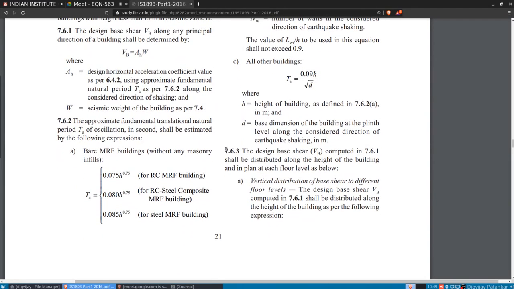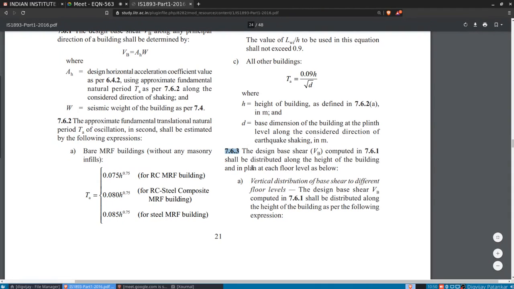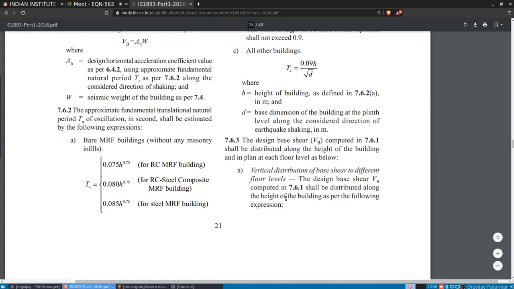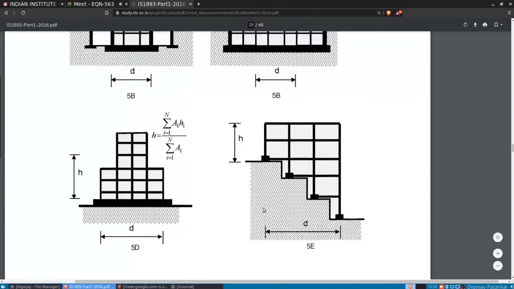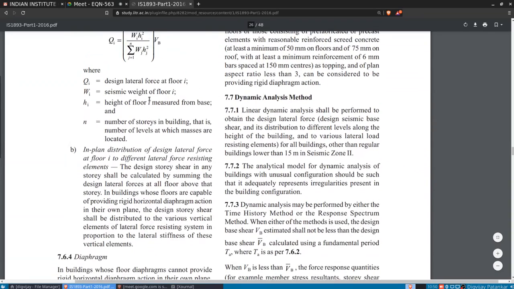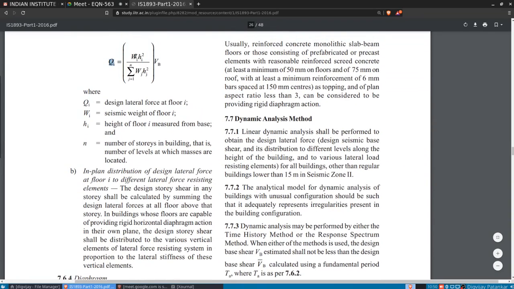See here, this 7.6.3: design base shear computed in 7.6.1 shall be distributed along the height of the building and in plan at each floor level as below. So first, vertical distribution of base shear to different floor levels. This is what we need to find out, and that is done using this expression: Qi is equal to Wi hi square over summation of Wj hj square, summation over j, into Vb, and this Qi is nothing but the design lateral force at floor i.